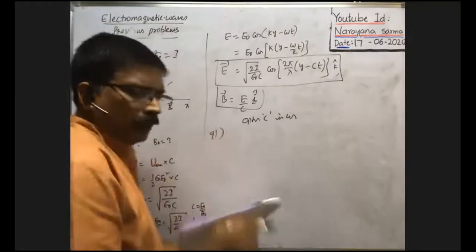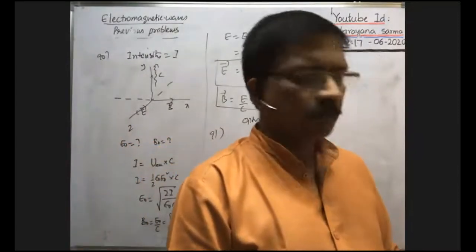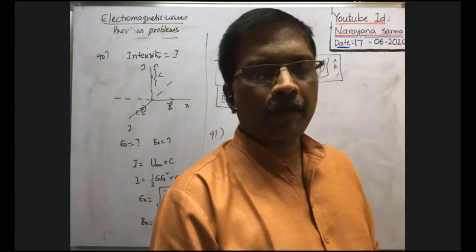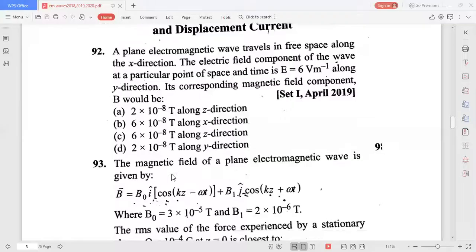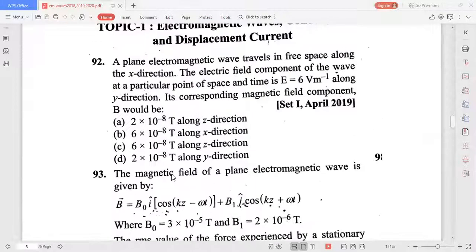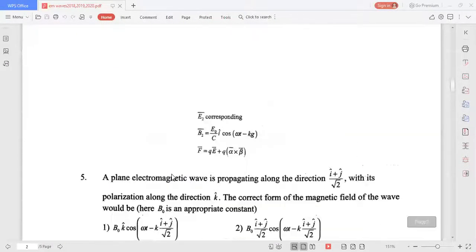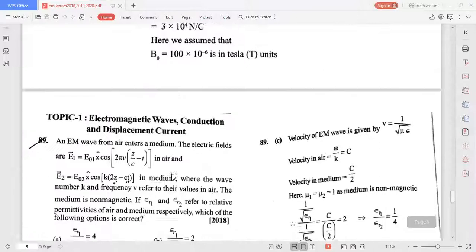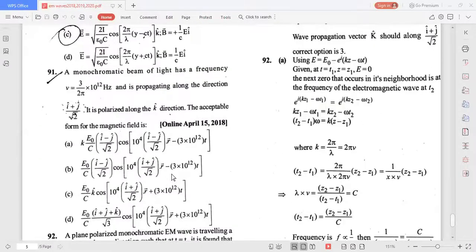Problem number 91. You see the next problem. A monochromatic beam of light has a frequency nu equal to 3 by 2 pi into 10 to the power 12 Hz and propagates along the direction (I cap plus j cap) by root 2.